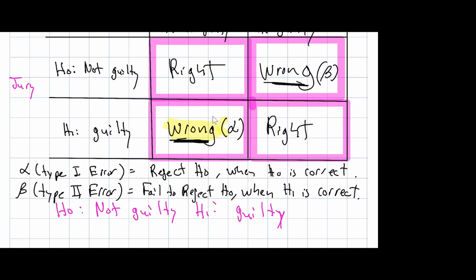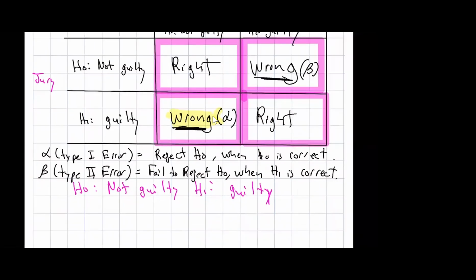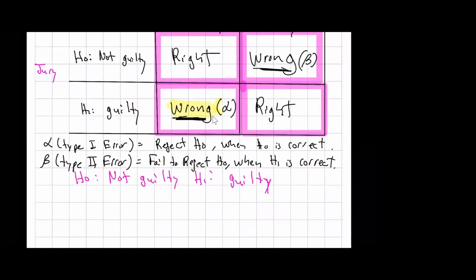So let's get into how the type 1 and type 2 errors relate to each other. I'm going to put a type 1 error and a type 2 error. Which of the two errors do you think is worse? Do you think it's worse that I send an innocent person to jail, or do you think it's worse that I send a guilty person and set them free?